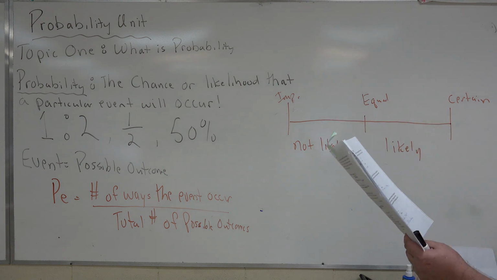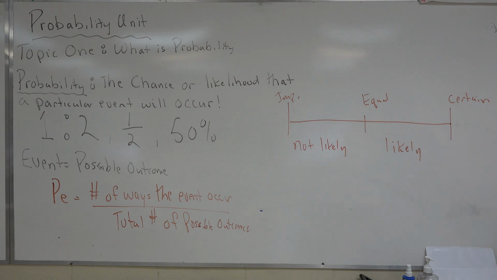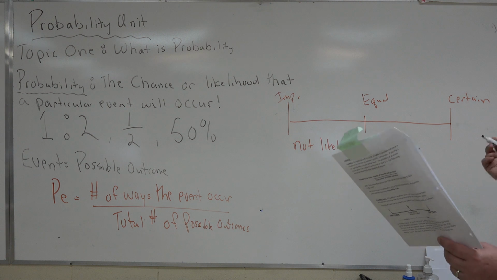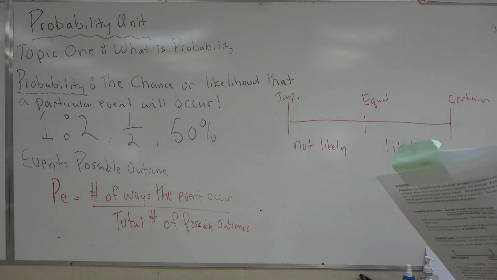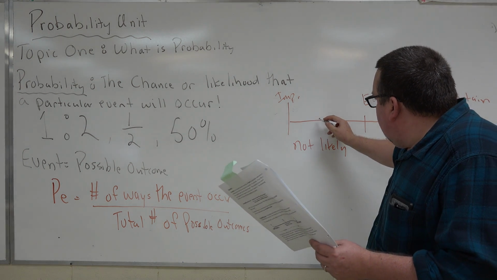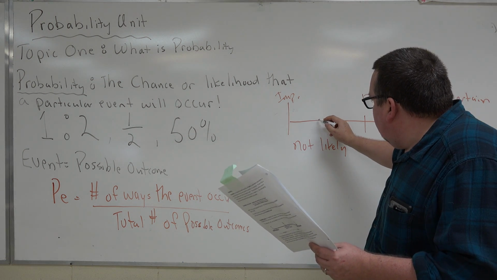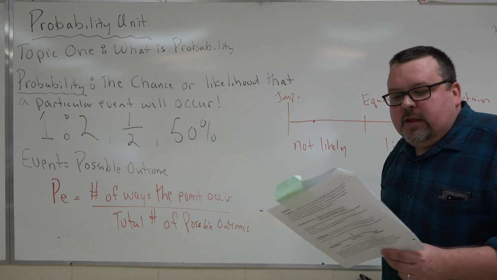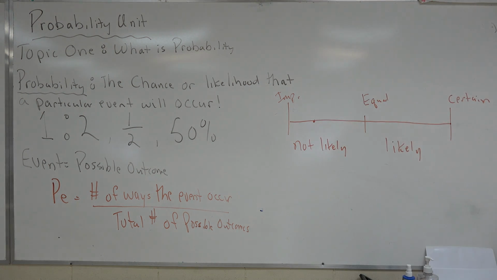The temperature in wintertime around January is usually -10 or colder somewhere in Manitoba, but it's still not an impossibility that we might get a +4 temperature somewhere. So for that one, I would say it's not likely, but it's not impossible. It's somewhere in the middle between impossible and equal. I would put a dot right there. So that's how we basically use the probability scale.